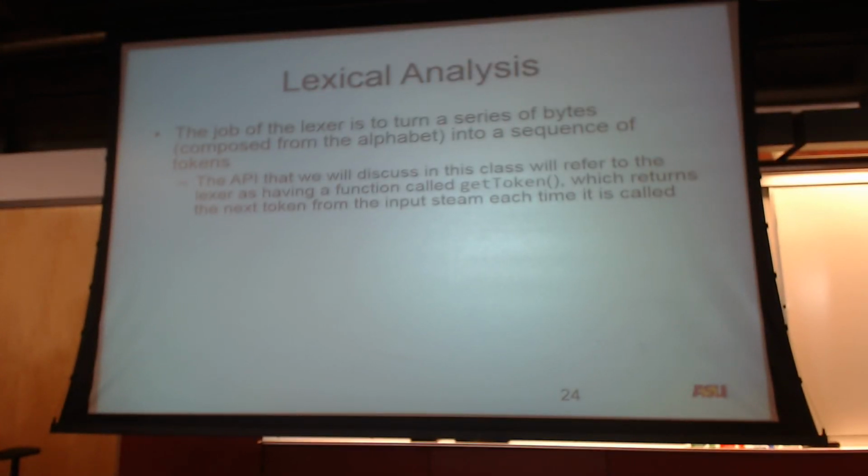Okay, so the API that we will discuss in class will refer to the lecture as having a function called getToken. What getToken does is that it reads a certain amount of data from the file and converts it into a series of tokens. Specifically it reads one line and gives you out the tokens. So the getToken function is what you have to implement.